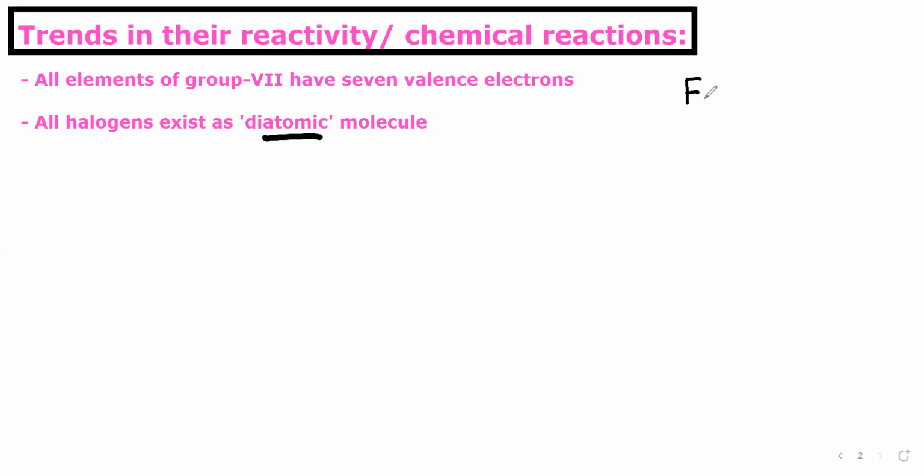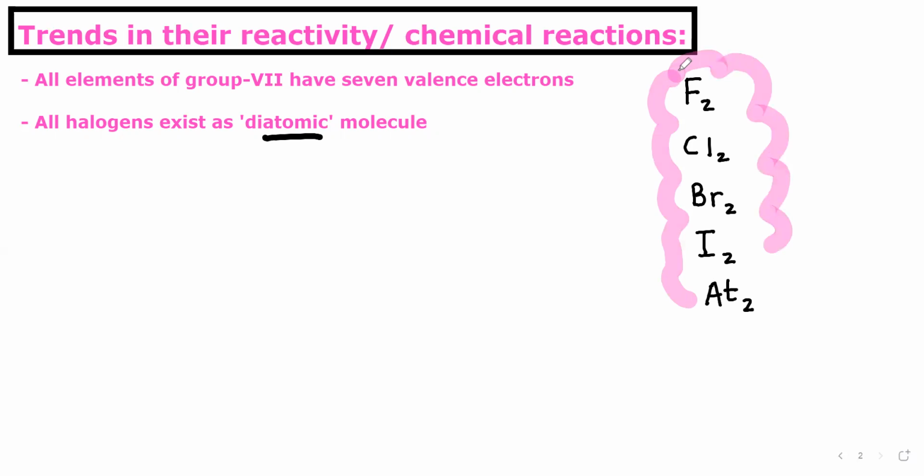So F2, fluorine, chlorine, Cl2, Br2, bromine, I2, astatine, At2, right? So all of them exist in diatomic form. I make a bubble here. This is a very important thing that we will remember. It will help us write equations properly with halogens.